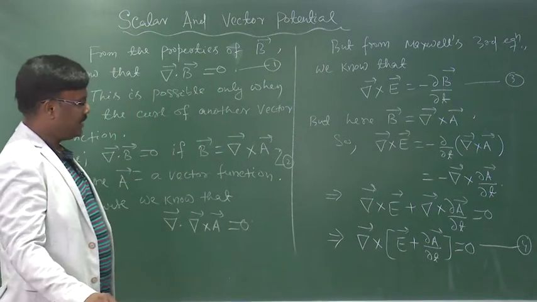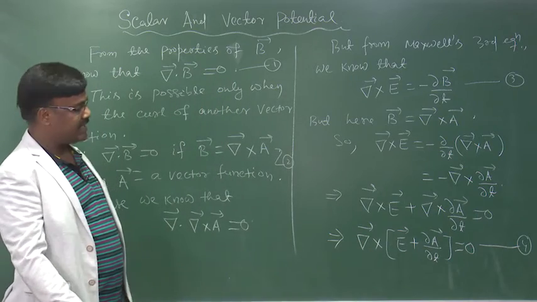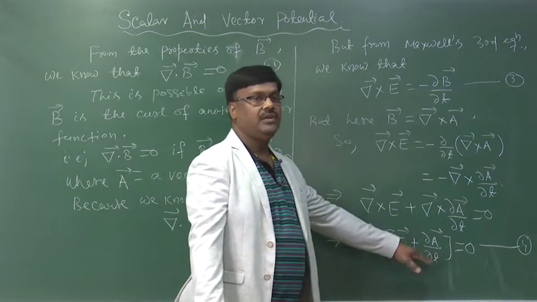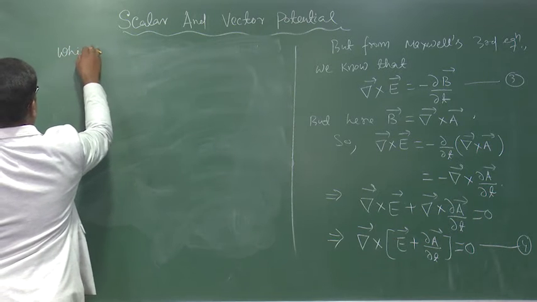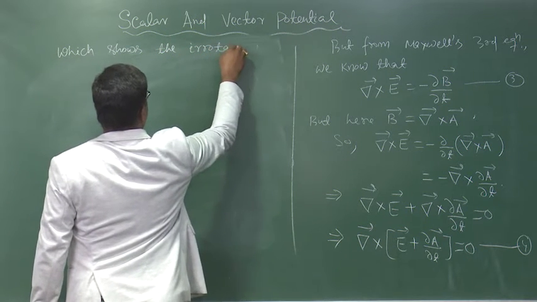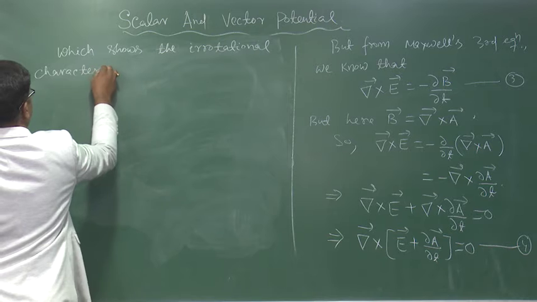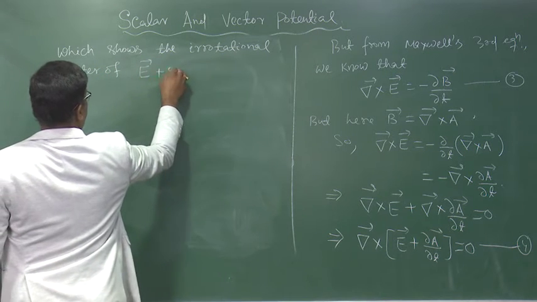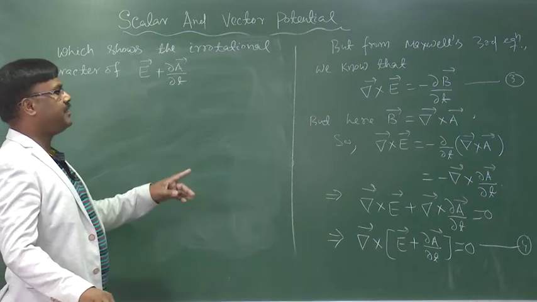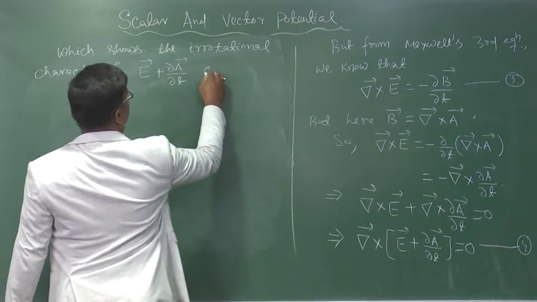Grad cross of E vector plus del A by del t equals 0, which shows the irrotational character of E vector plus del A by del t, because the curl of this vector vanishes.